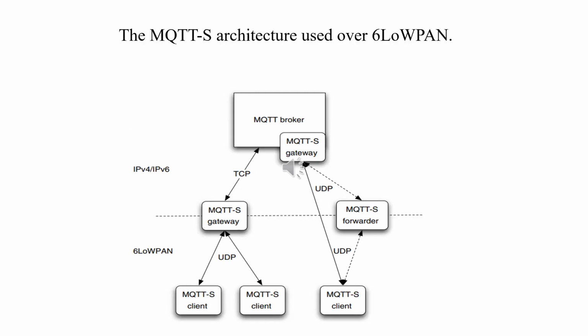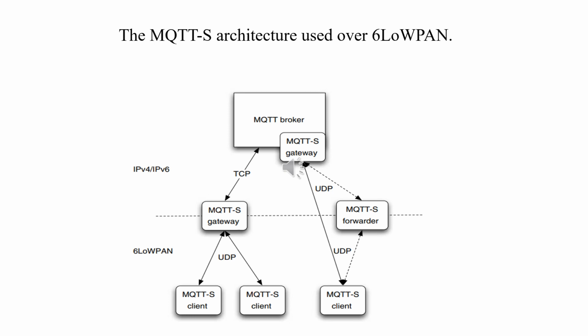MQTT-S's architecture. It is made up of four different elements: MQTT-S brokers, gateways, forwarders, and clients. Clients connect themselves to a broker through a gateway using MQTT-S protocol. The gateway may be located on the LoWPAN edge router or it may be integrated in the broker itself, in which case MQTT-S messages are simply carried end-to-end over UDP.